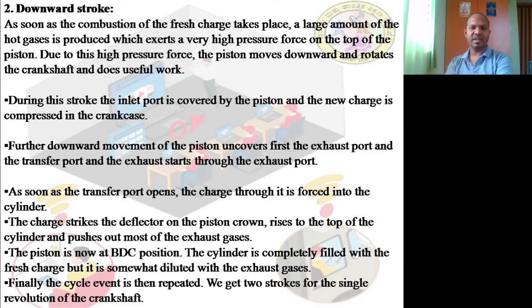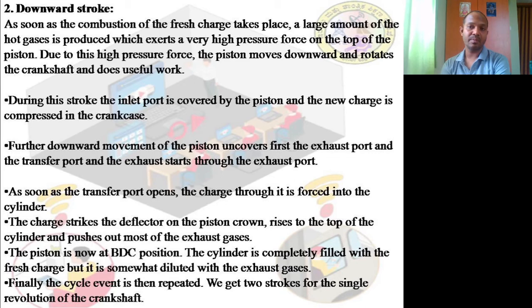The charge strikes the deflector and the piston crown, rises to the top of the cylinder and pushes out most of the exhaust gases. The piston is now at the bottom dead center position. The cylinder is completely filled with the fresh charge, but it is somewhat diluted with the exhaust gases.